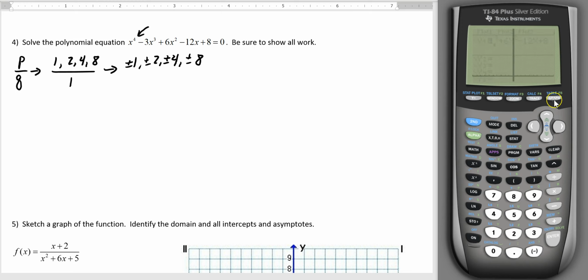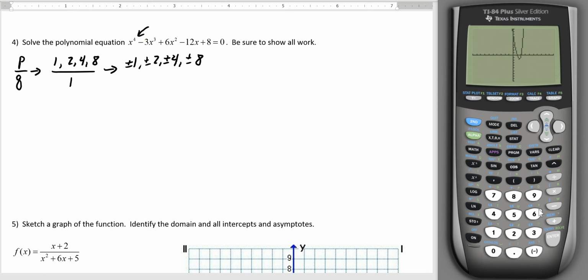And I will hit graph. Now I'm still in this weird window. So let's get this back to a standard. So that's zoom 6. Let's see what we got here. 1, and then maybe that must be 1 and 2. That's possible. Let's try 1, positive 1.